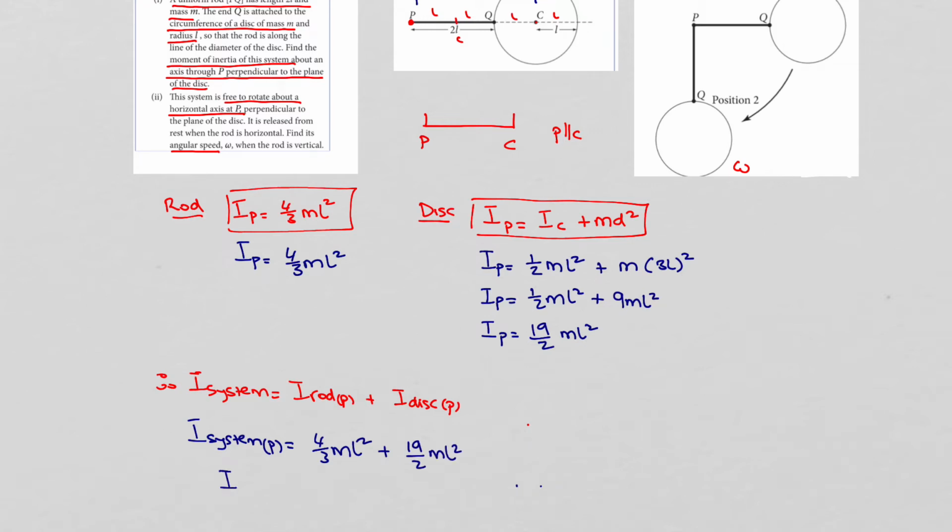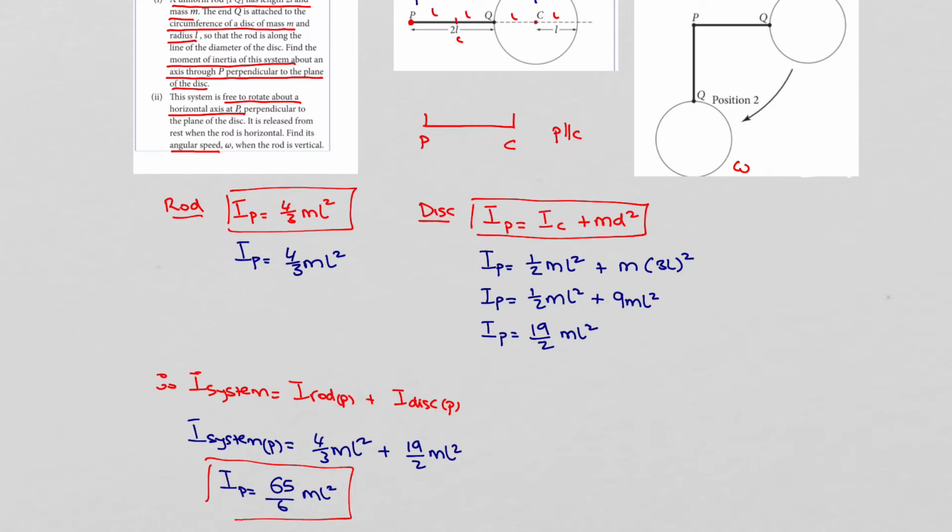So the inertia through P as a total would be 65 over 6 ml squared. Okay, so our moment of inertia is always the first thing that we are calculating in these questions. So that should just come natural now at this point after doing that worksheet last week, when we were working on the basics.